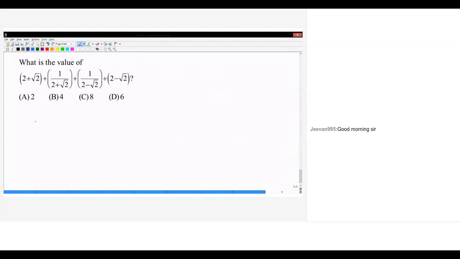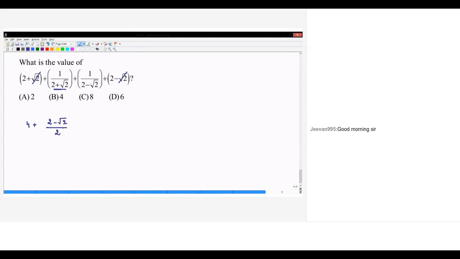What is the value of 2 minus root 2? Cancel. You can take 2 plus 2, 4, keep it aside. I'll write this as 2 minus root 2 by 2.